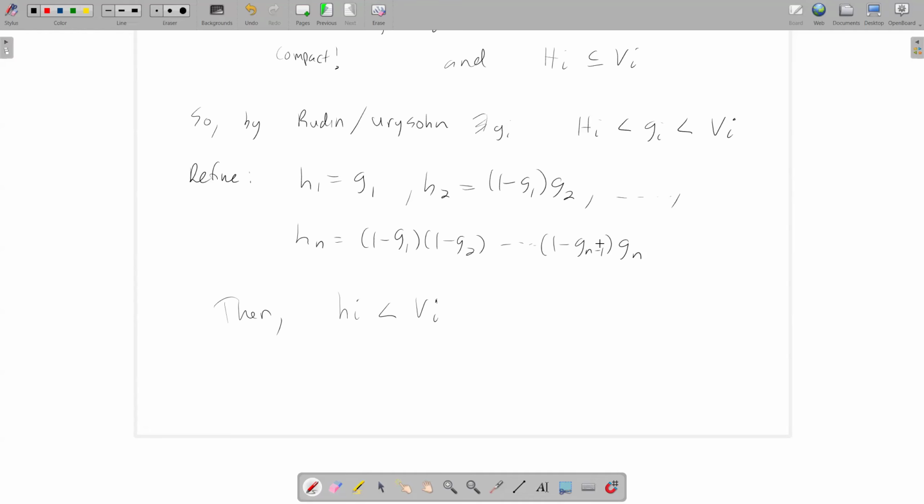So the set where hn is not equal to zero is contained in the support of gn. The support of hn is contained in the support of gn. So that means the support of hn is contained in Vn, or Vi, well, anyway, indices. That's an easy argument that you can use to prove this.